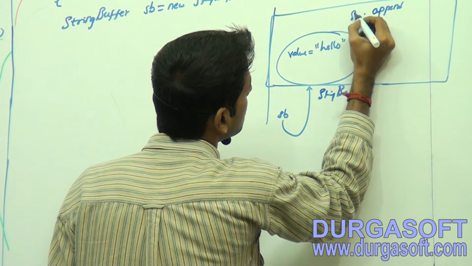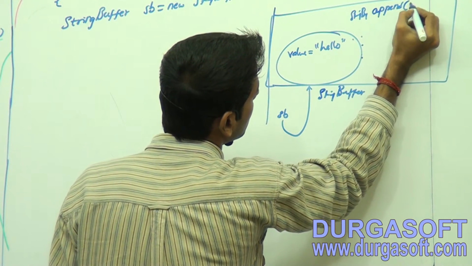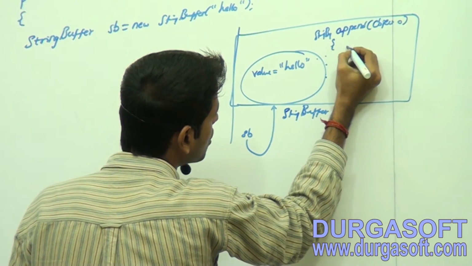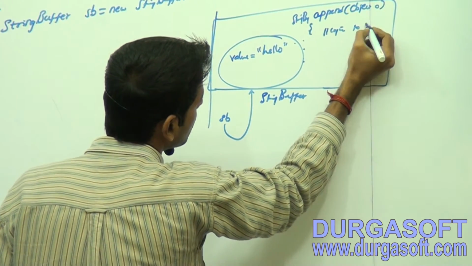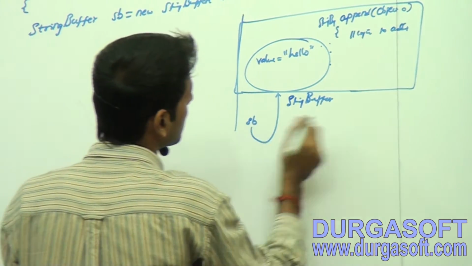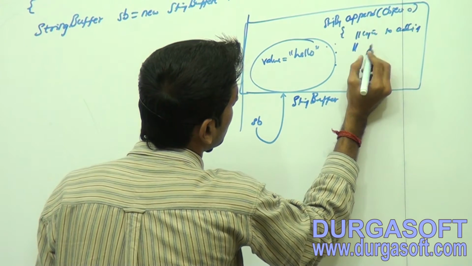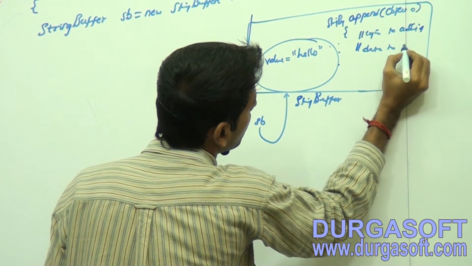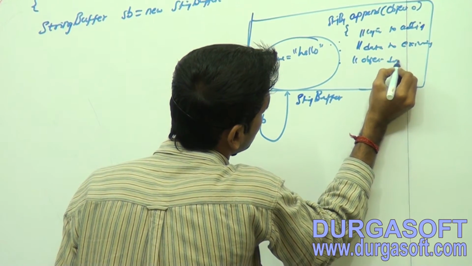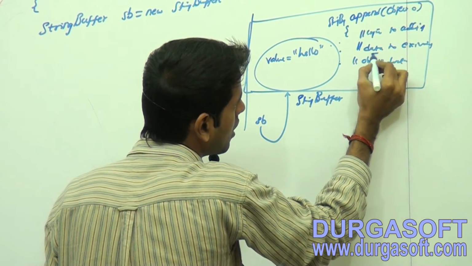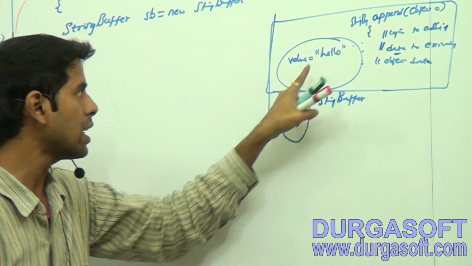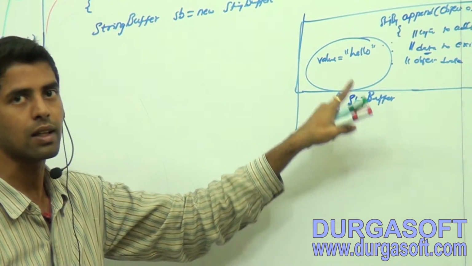Return type is StringBuffer, and the argument is an object. It has the logic to add, that is extend or expand the data, adding data to the existing object data. The existing object has one data, and to this data it will add some other data.